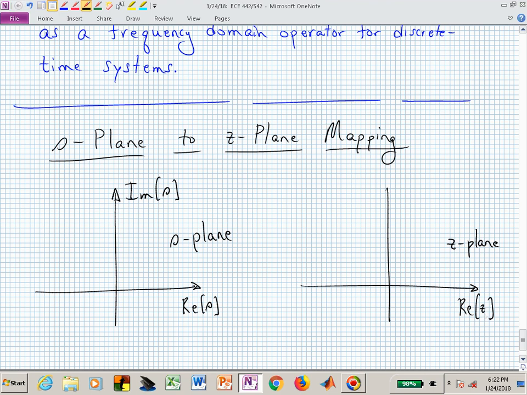The horizontal axis is the real component of Z, and the vertical axis is the imaginary component of Z.